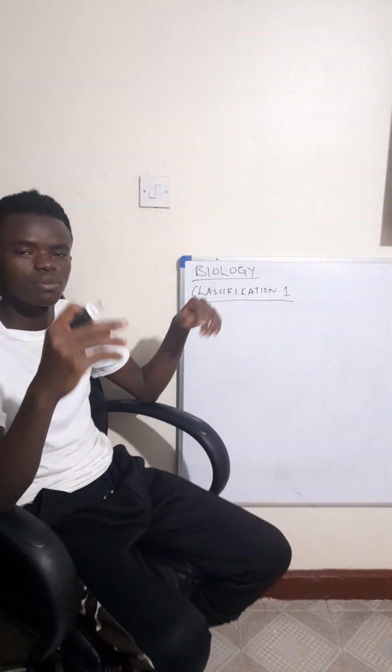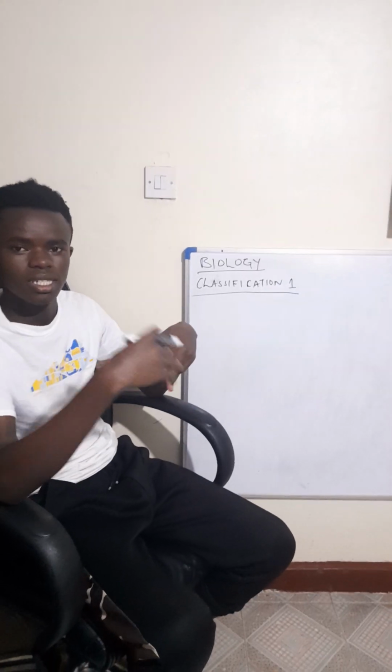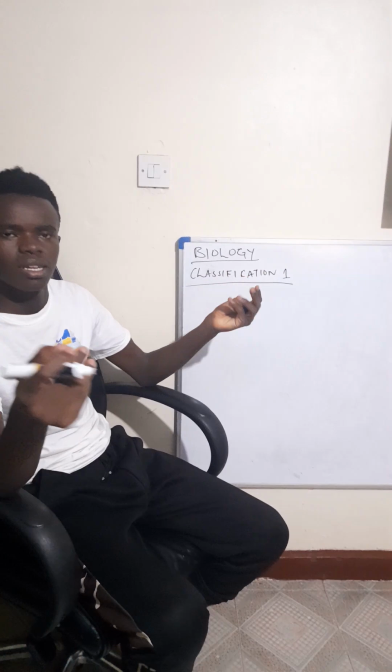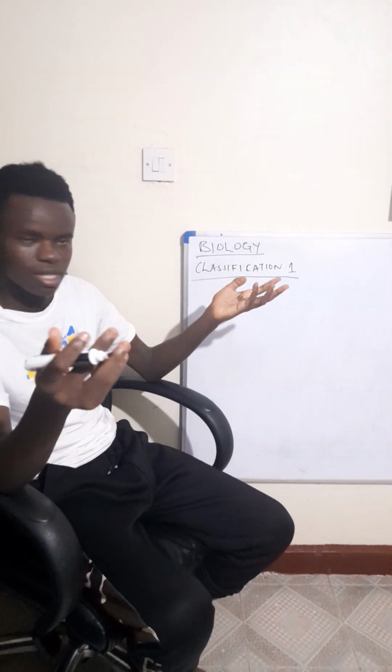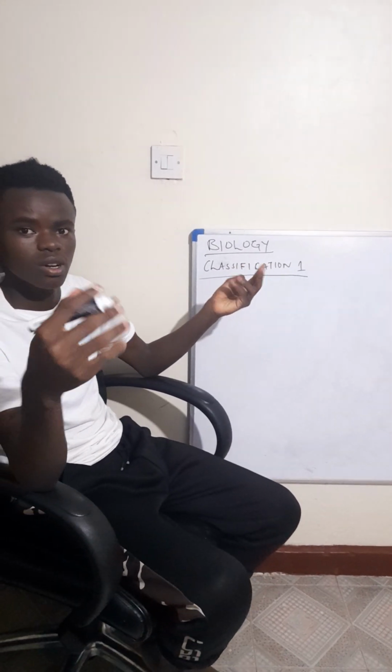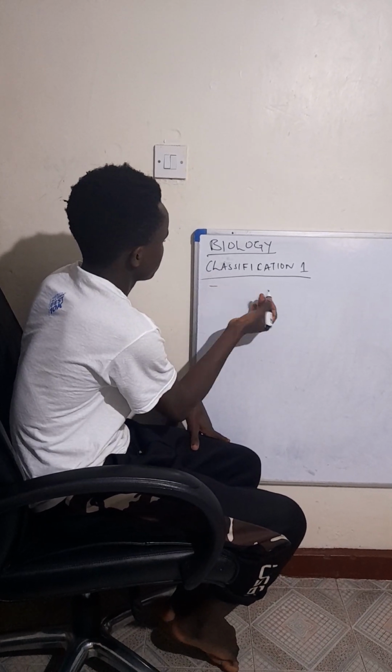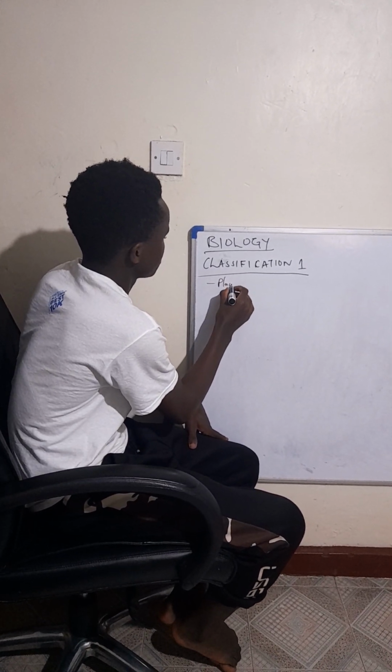Classification is basically the process of placing organisms into groups. It's mainly based on their external characteristics, but you can just say it's the process of placing organisms into groups based on their characteristics. So that's the definition for classification.